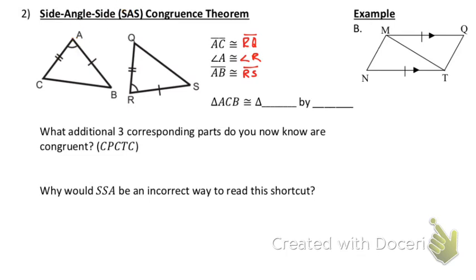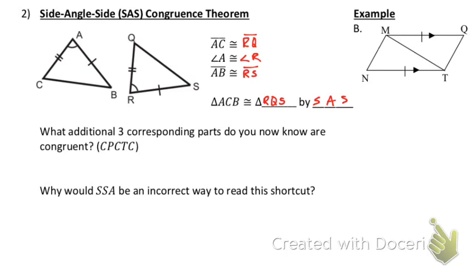Therefore, I have SAS, and now I can go ahead and write my triangle congruence. So angle A is congruent to angle R, so remember we're matching. A matches with who? R. C matches with Q, and B matches with S, and we know this by side, angle, side.